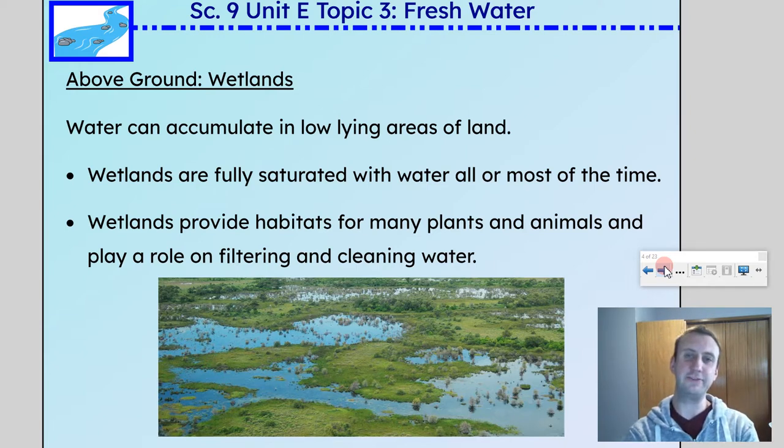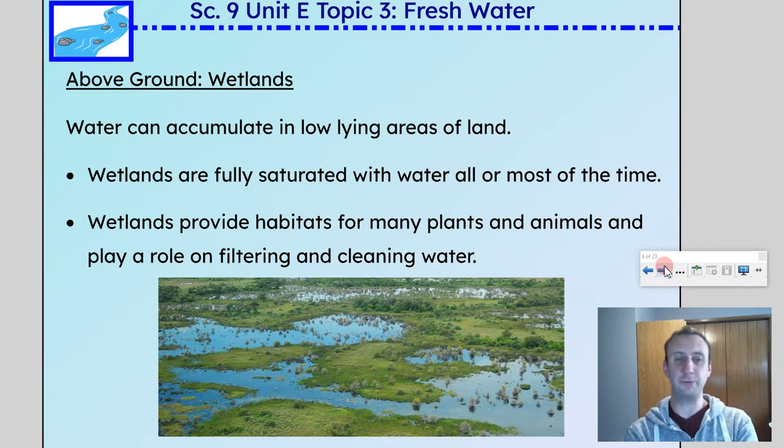Let's talk about wetlands. Wetlands are super important, and you watched a Bill Nye video yesterday about wetlands. You know it's important for filtering water, and a lot of organisms and species rely on wetlands as their habitat. Wetlands are low-lying areas of land where water accumulates and stays for most of the time.